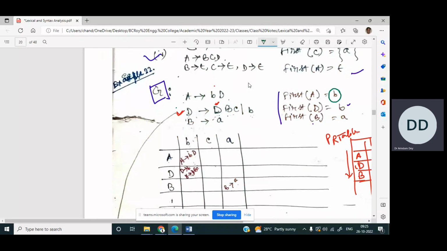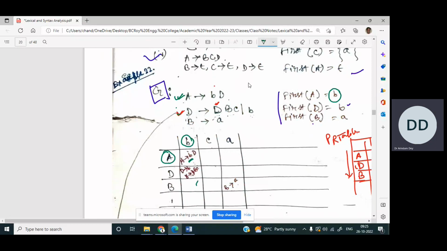Now we will write the production rules over here that can generate the b. What is the first of A? The first of A is b. And this first of A is b, it is being generated by which production rule? A to BD. So that production rule I have written over here, right?